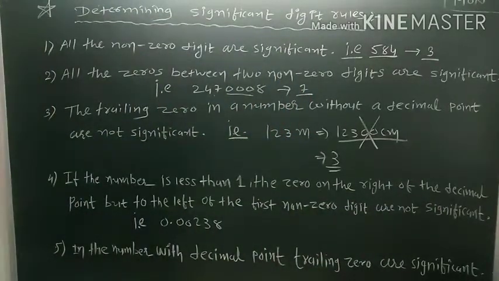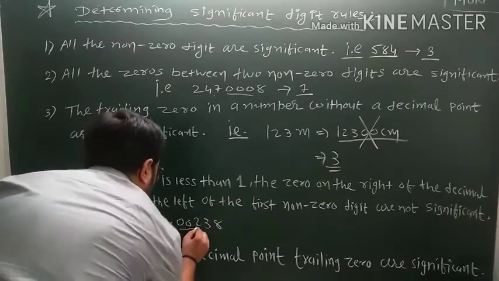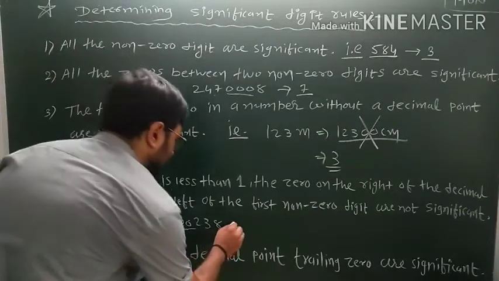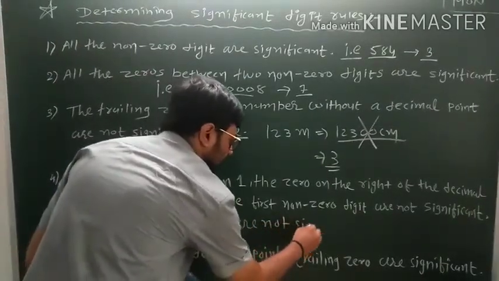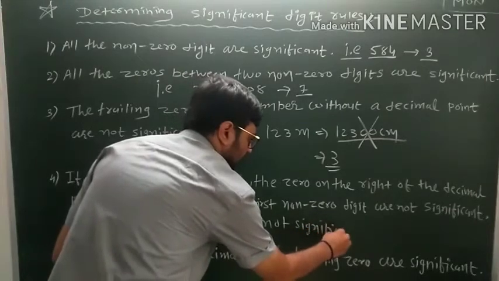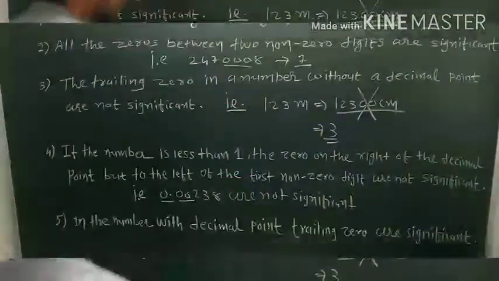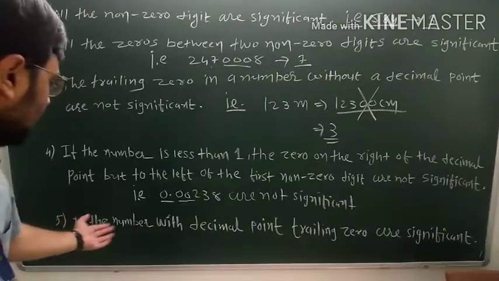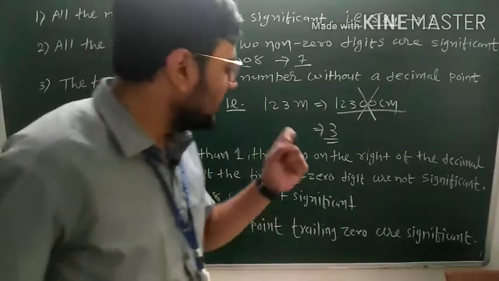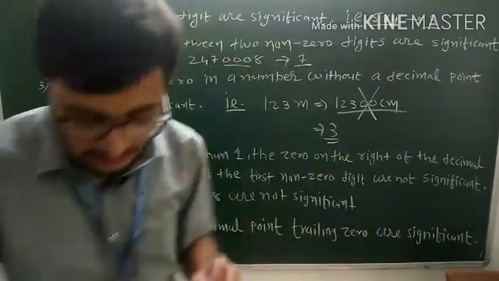So here we can conclude from the rules that these three zeros are not significant. Okay. The fifth point is: in a number with a decimal point, trailing zeros are significant.